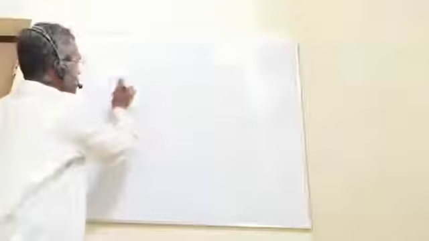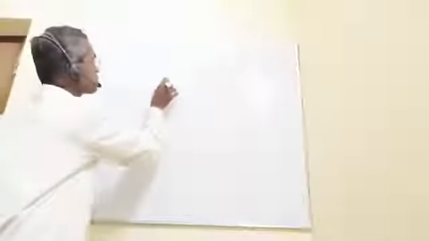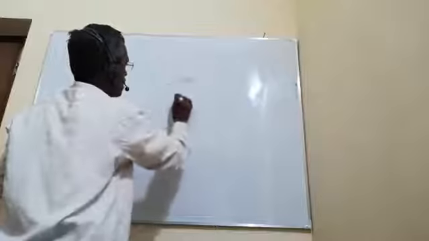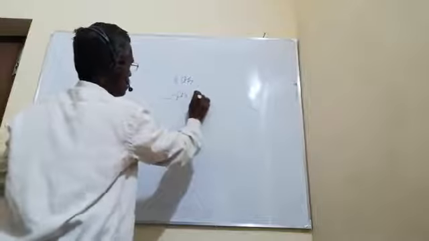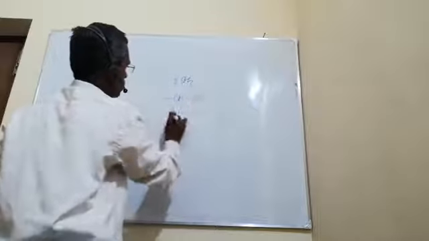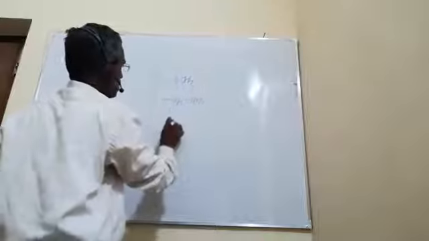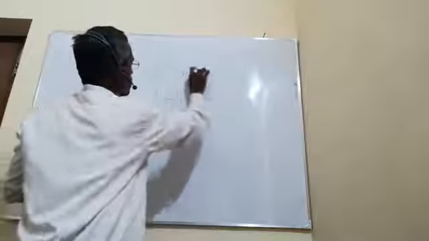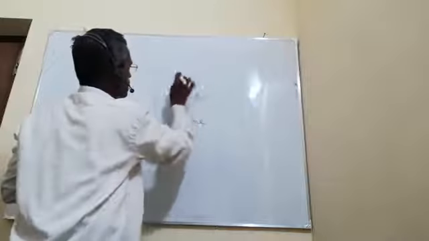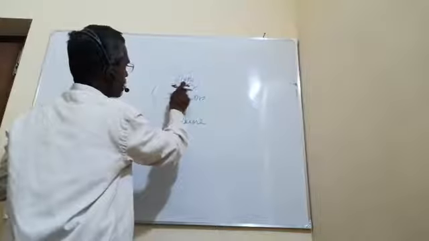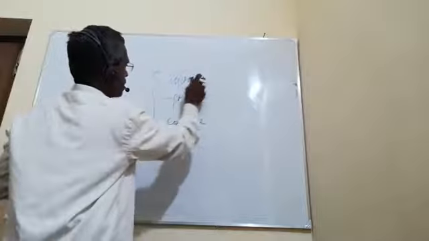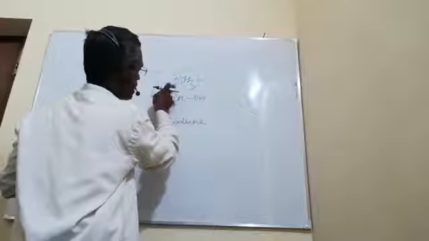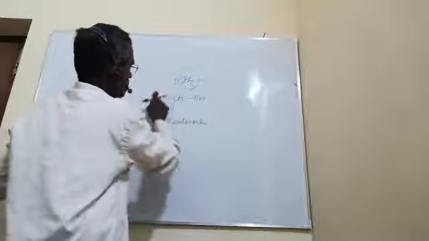That is, at C6 there is OCH3, and the second one is CHOH. This is for codeine. OCH3, methoxy. We have only one methyl, therefore this is the monomethyl ether of morphine.